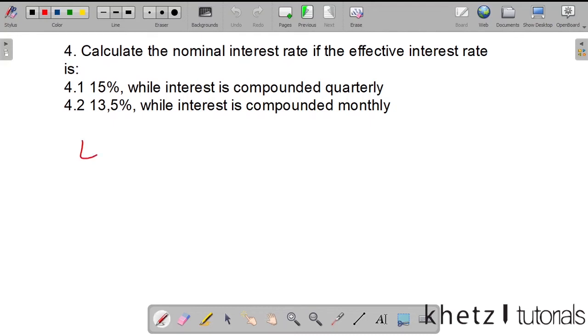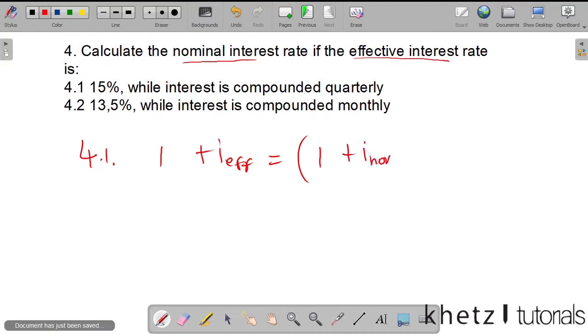Let's see what that looks like. We're dealing with nominal and effective interest rate, and I mentioned that we have a formula which can help you swap between the two. For this question, we are explicitly asked to find the nominal interest rate.